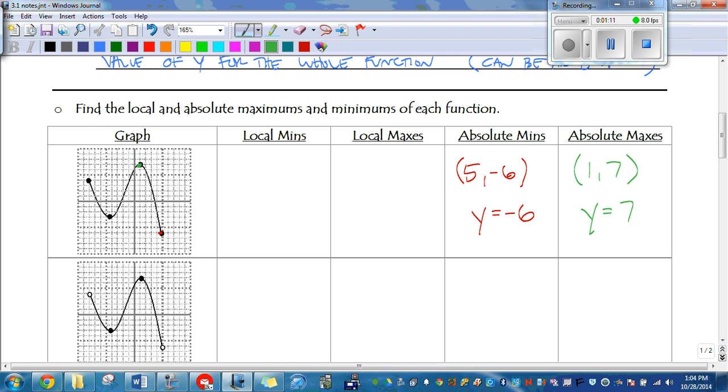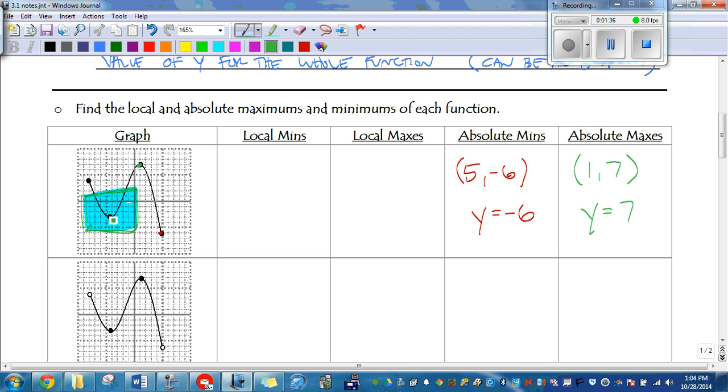Now, local mins and local maxes, these are points that we're taking a look at on kind of a smaller scale. We're not looking at the whole function, but smaller localized portions of it. So, if we were to look at, let's say, this little portion of our graph, just this region, forget about everything else.